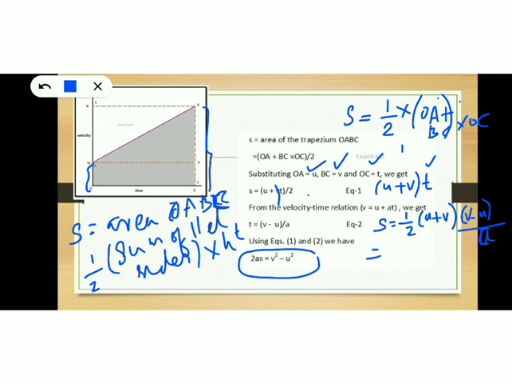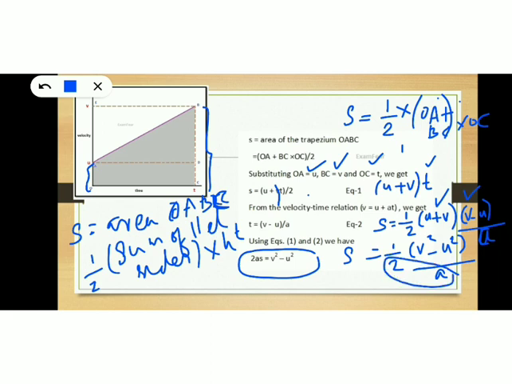Now, this u plus v can be considered as v plus u, isn't it? So this is v plus u, this is v minus u: the form (a plus b) into (a minus b), which is a square minus b square. So (v plus u) into (v minus u) will be v square minus u square. So you will get v square minus u square by a. So S is equal to half into (v square minus u square) divided by a.